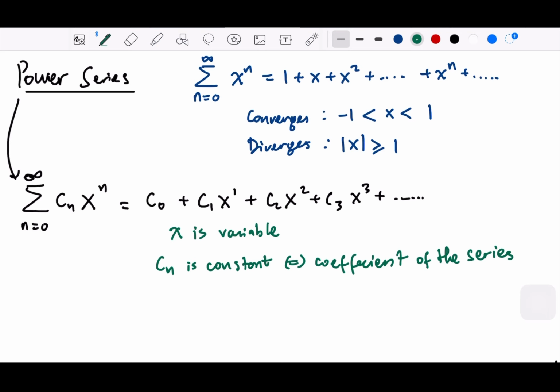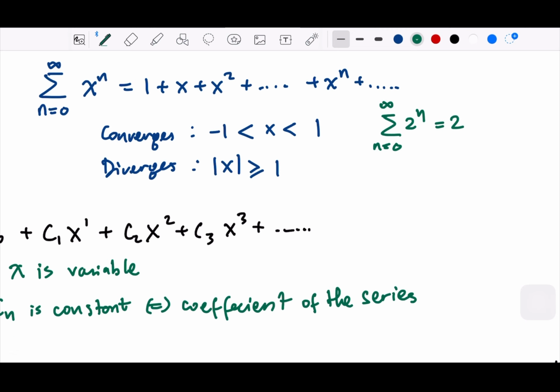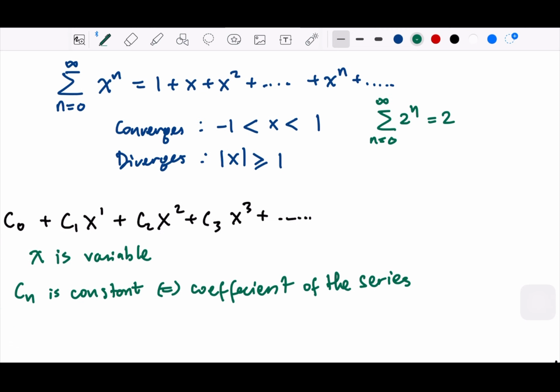And you can check when we take the x, for example, if x is greater than 1 for the series here, then it will be, let's say, 2 with power of n. And you will see that this is going to be increasing larger and larger, right? So 1 plus 2 plus 4 plus 8 plus dot dot dot.